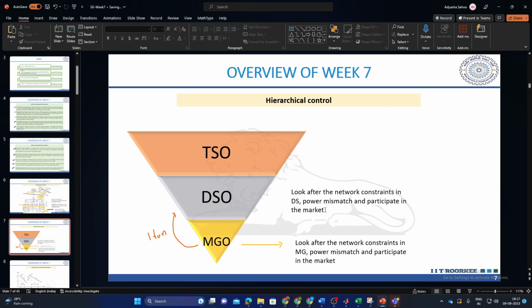It will clear the distribution system market, and for that mismatch it can participate in the transmission level market.